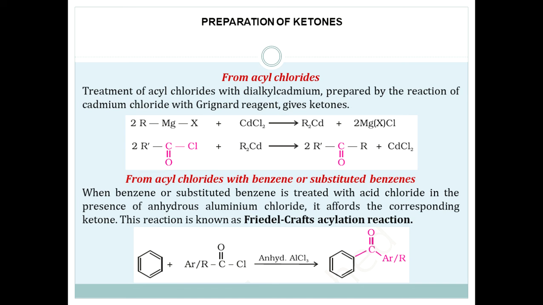Next, the preparation of ketones from acyl chloride with benzene or substituted benzenes. When benzene or substituted benzene is treated with acid chloride in the presence of anhydrous aluminum chloride, it affords the corresponding ketone. This reaction is known as the Friedel-Crafts acylation reaction.